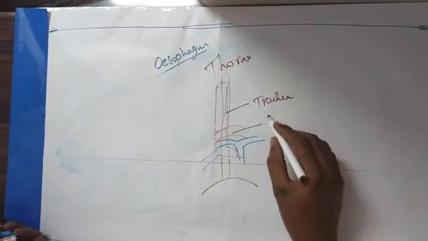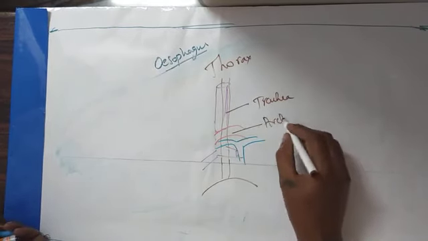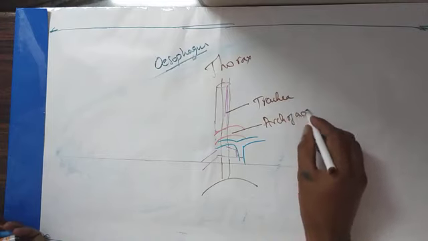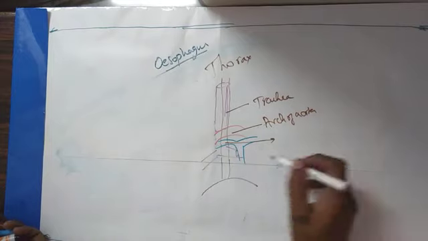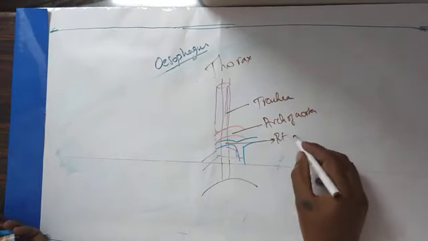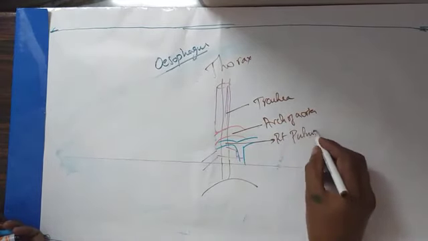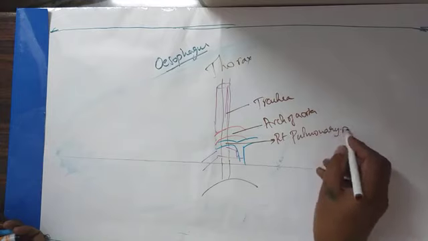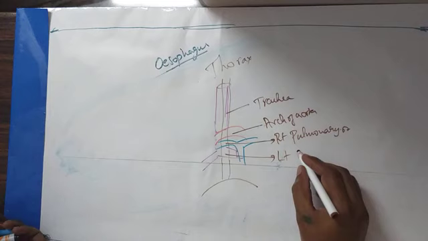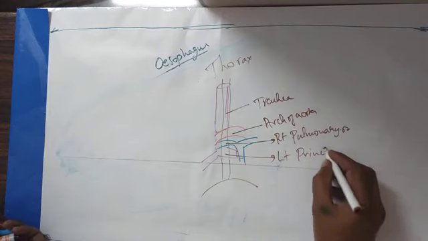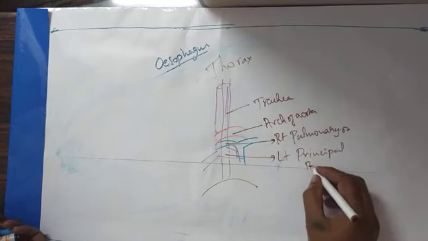So trachea, then below that you have the arch of aorta. So which vein is this? This is your pulmonary trunk. So from that you have this right pulmonary artery. Then below that this is your left principal bronchus.